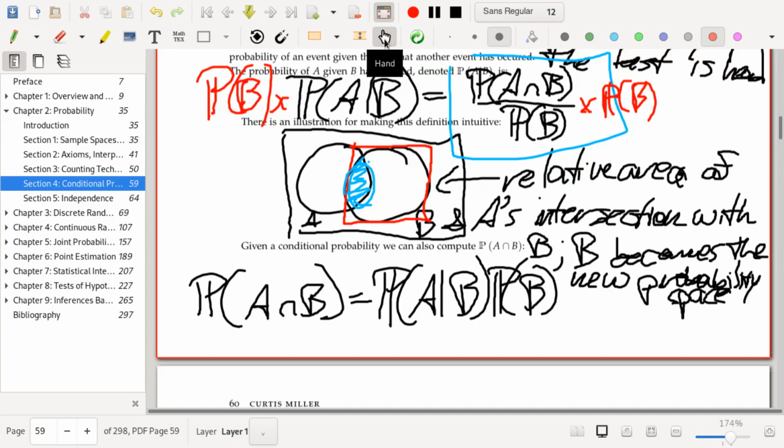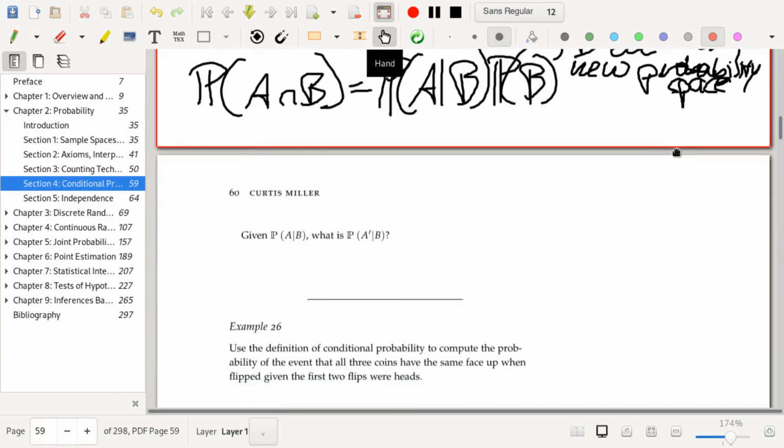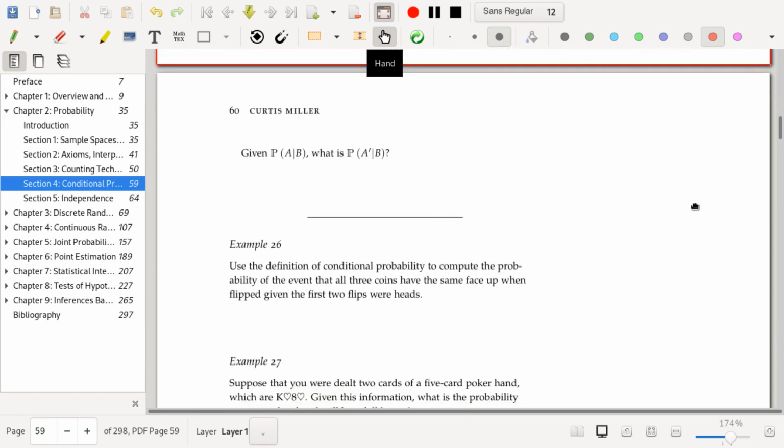And then if we knew that B happened, what would be the probability of A happening? It's almost easier to think of the probability of A and B this way rather than trying to compute it directly.